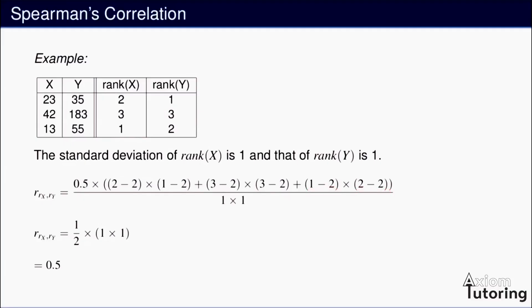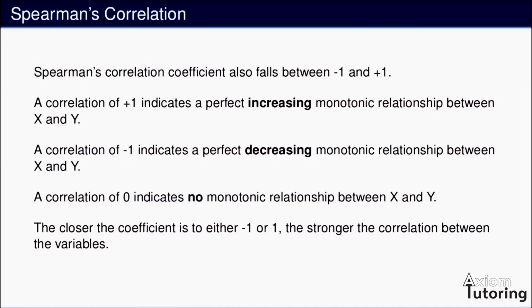And that will give you the covariance between the ranks of x and the rank of y, divided by the product of the standard deviations of the rank of x and the rank of y, which is 1 times 1 in this case, okay? So the correlation measure that we get, in this case, Spearman's correlation measure, is equal to 0.5. So let's have a look at what that means and how we can interpret Spearman's correlation.